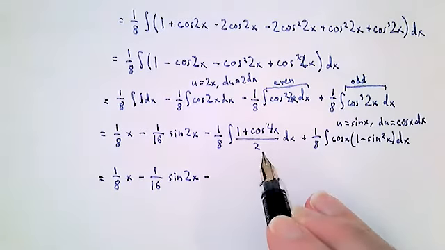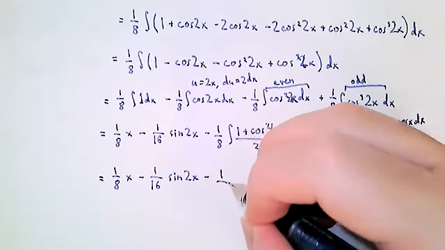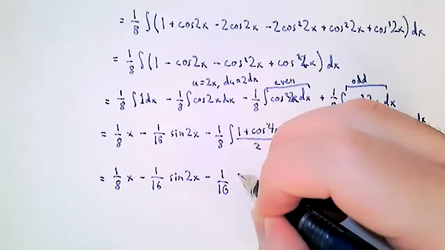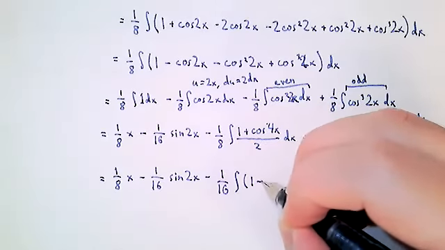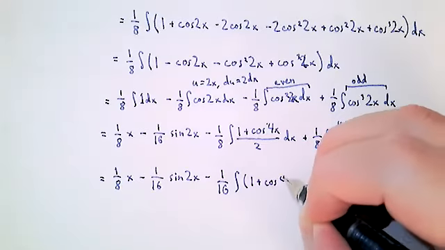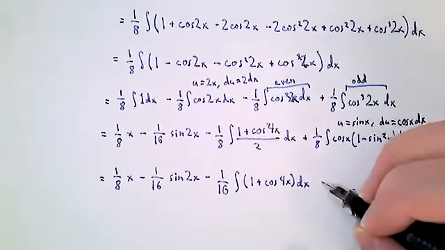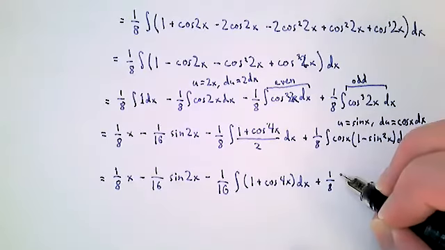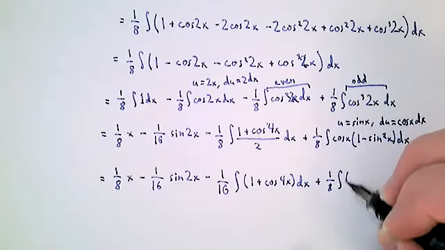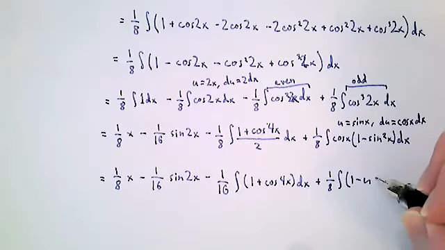So you'll want to pull this half to the front so that you get another minus 1 over 16 here. And then 1 plus cosine of 4x inside. And then over here, plus 1 over 8. And then do the u substitution. That'll be 1 minus u squared du.